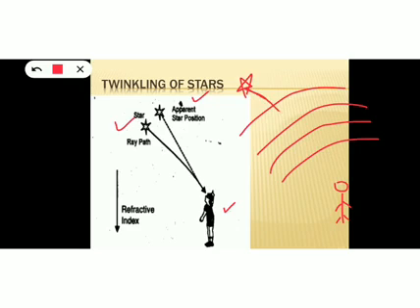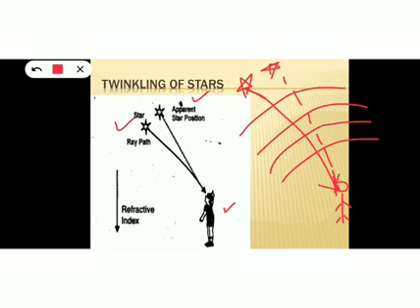It cannot move in a straight line path because of the continuous refraction. It will bend its path like this. But our eye has a problem. Our eye always follows a straight line path. So our line of observation is always along a straight line. So this boy's line of observation is along a straight line path like this. So this boy feels that the star is here, and the light is coming from this position.